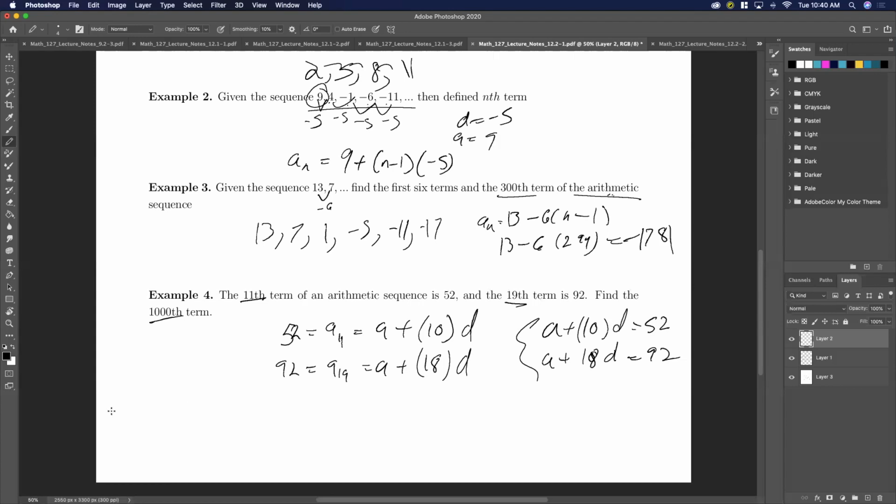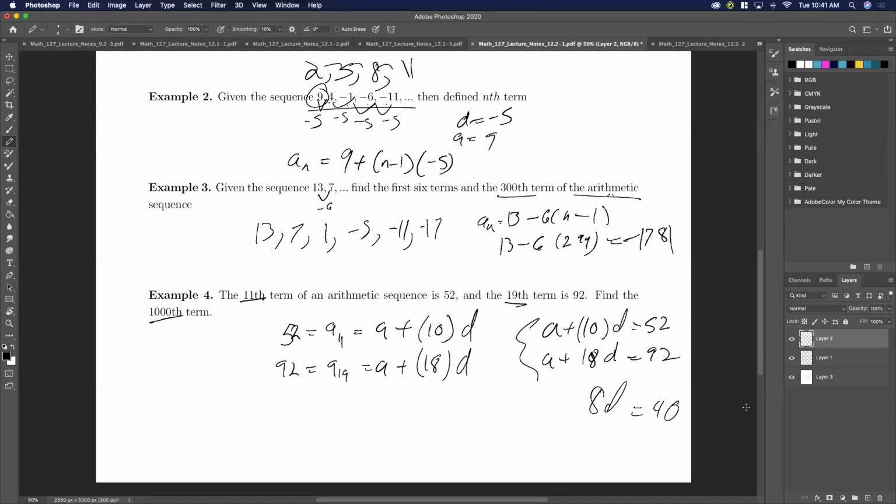All right, so let's tease out how to do this. I know 52 is a plus 10 times d, and 92 is a plus 18 times d, right? If I took 92 minus 52, which is 40, the a's cancel each other out and I'm just left with 8d.